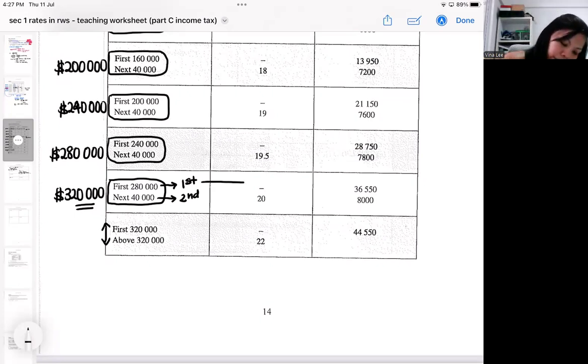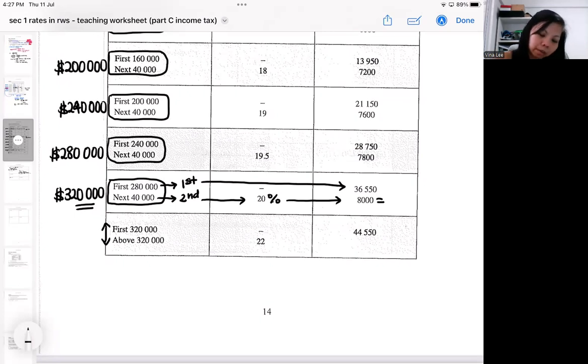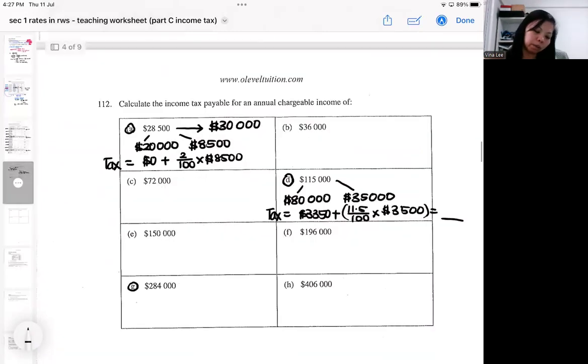So the tax for the first basket is a lot of money, 36,000. The second basket is 20%. The maximum that it can go will be 8,000, because the 8,000 comes from 20% of 40,000. So the most that you can put in the second basket is 40,000. But if you look at our scenario, we don't have 40,000.